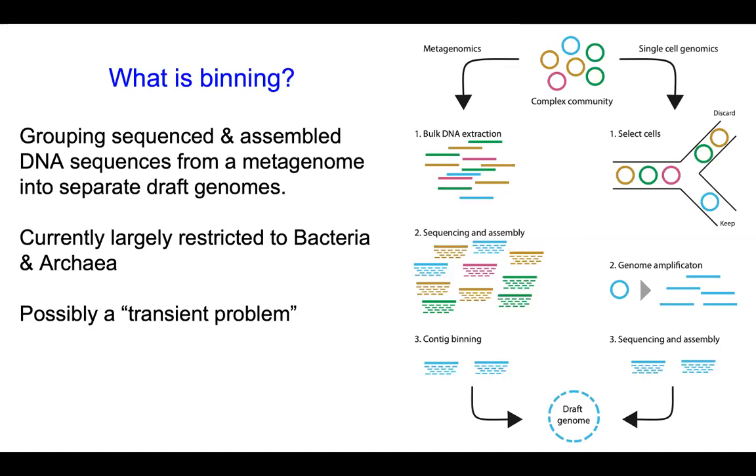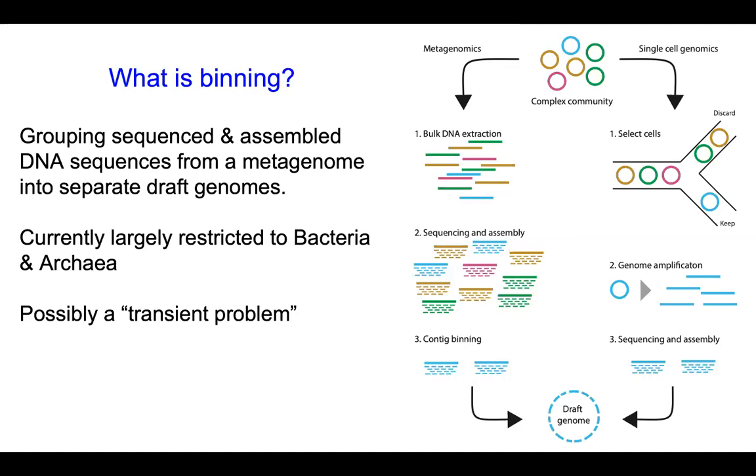It says on the slide it's possibly a transient problem. The reason for this is that as sequencing quality, and especially long-read sequencing quality, improves, eventually we might get to a situation where we can resolve individual, and I'm going to say microbial genomes in single contigs.